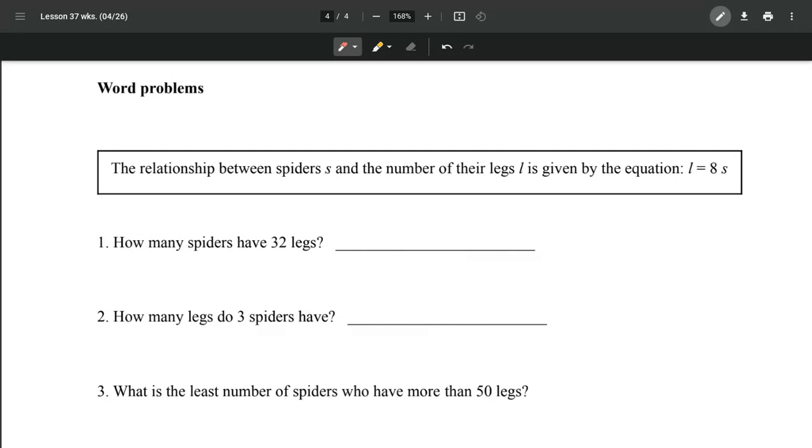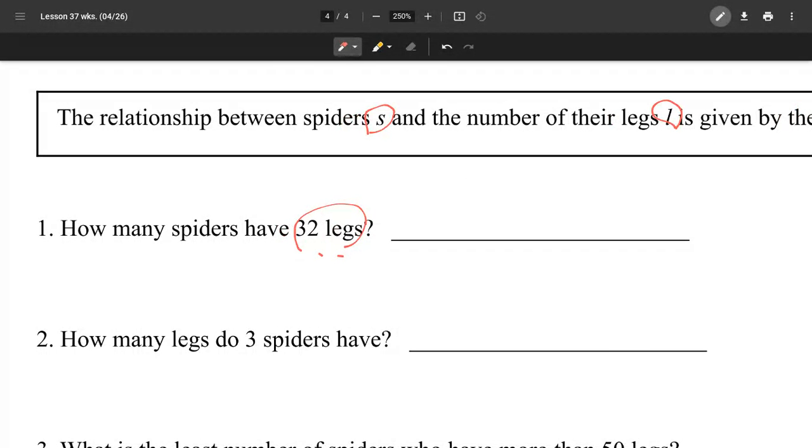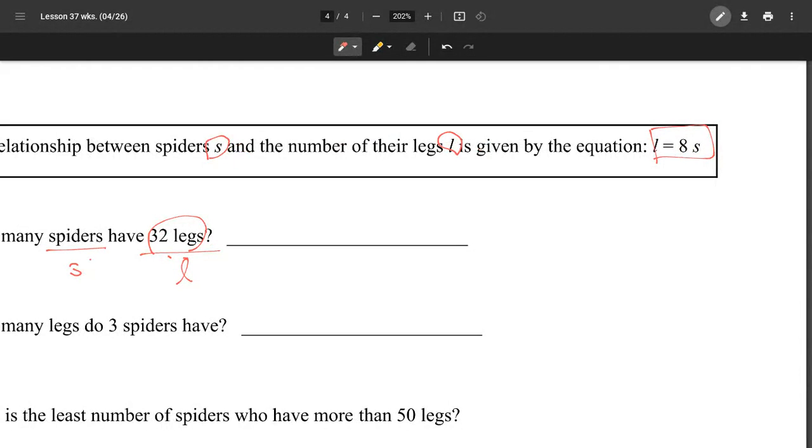So the relationship between spiders, S, and the number of their legs, L, is given by the equation L equals 8S. Okay, so for number 1, how many spiders have 32 legs? Okay, so we're looking for S, right? And we're given L. So we're going to go ahead and plug the given number into the equation.